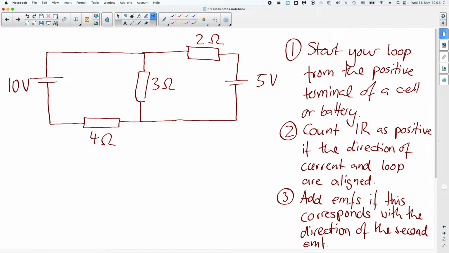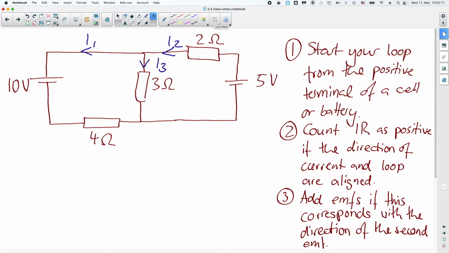In this example, I want to calculate the different currents that I have in my system. So let's say I have a current I1, a current I2, and a current I3. The direction of the currents does not matter.